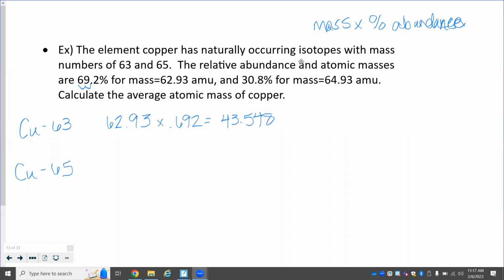Looking at the next one, the copper 65, it has a mass of 64.93. Multiply that by the percent abundance of 30.8, so 0.308. And when we multiply those together, we get that this isotope has a relative mass of 19.998. Our last step is to add them together.